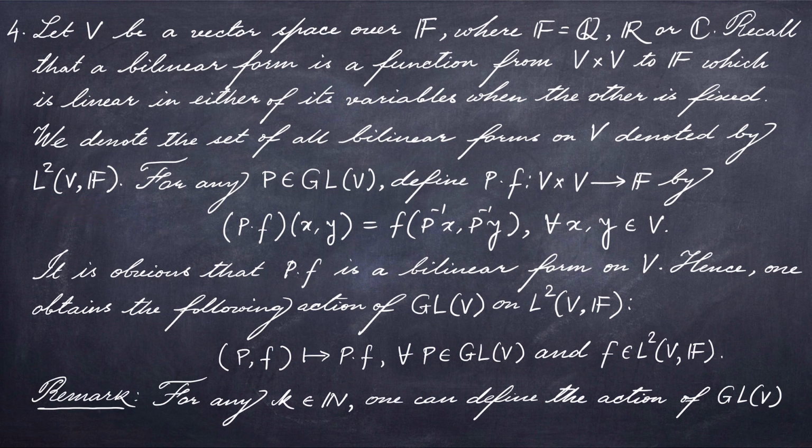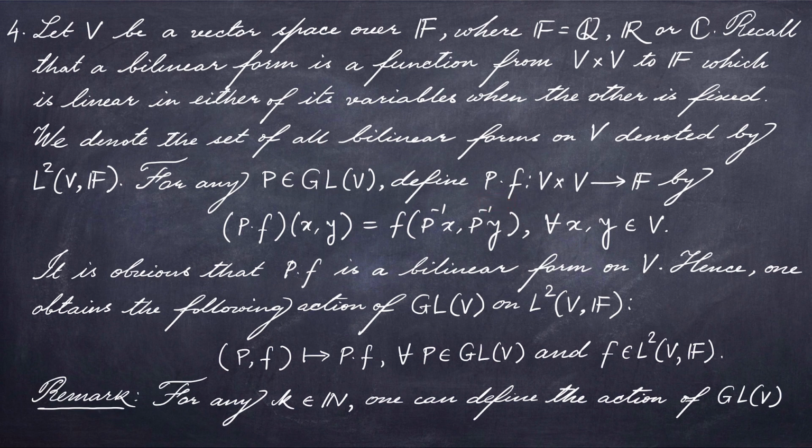And let's consider an invertible linear map on the vector space V. For an invertible linear map P on the vector space V and a bilinear form f, we define Pf as follows.